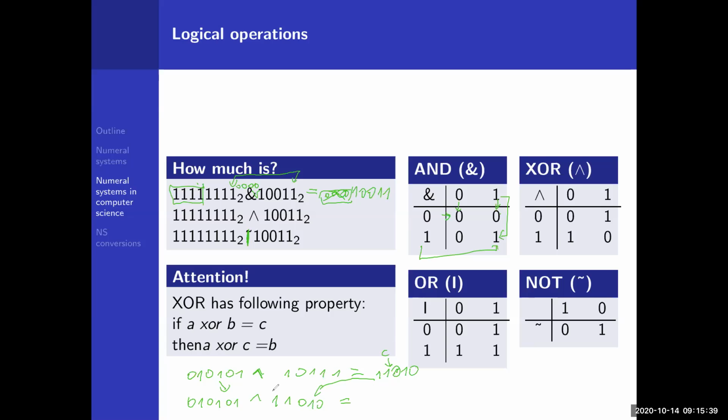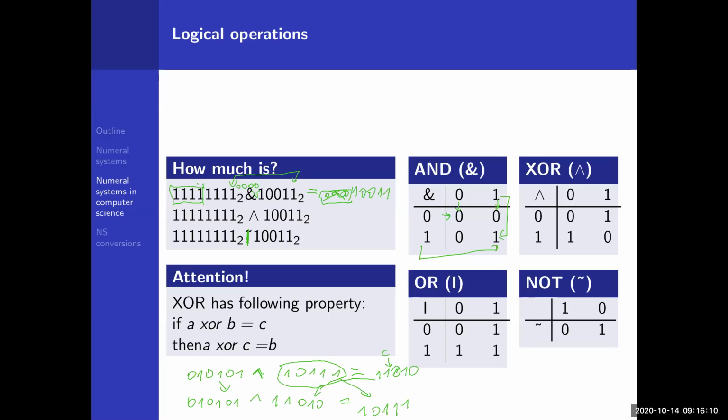So in fact, I get B: 0 and 1 is 1, 1 and 0 is 1, 0 and 1 is 1, 1 and 1 is 0, and 1 and 0 is 1. So look, I will get the value of B.